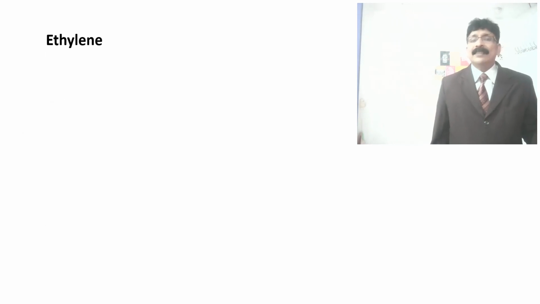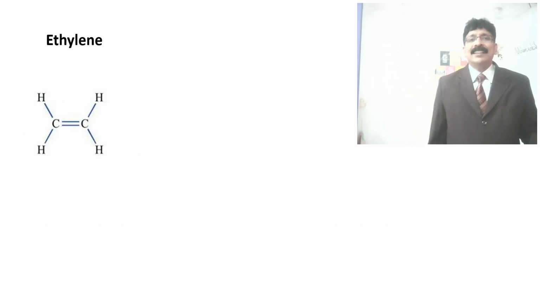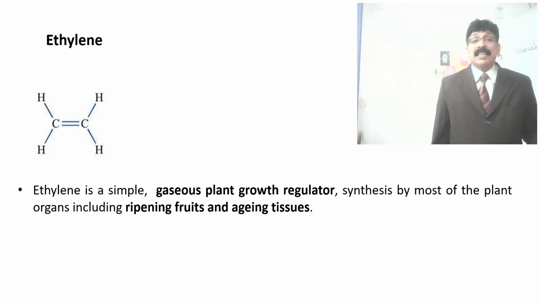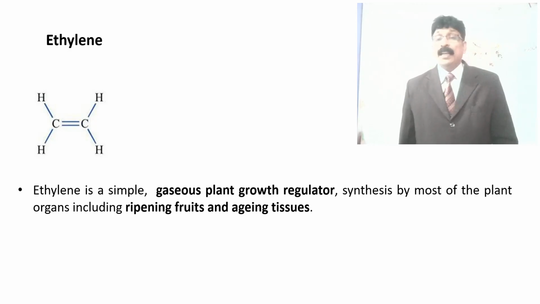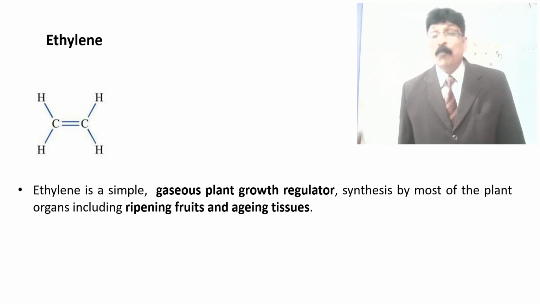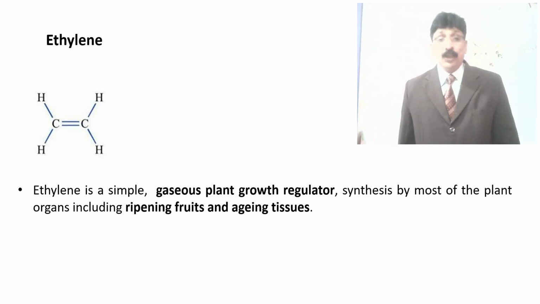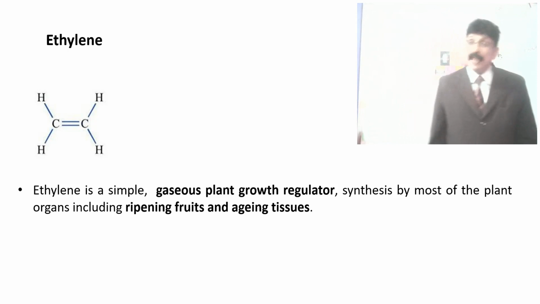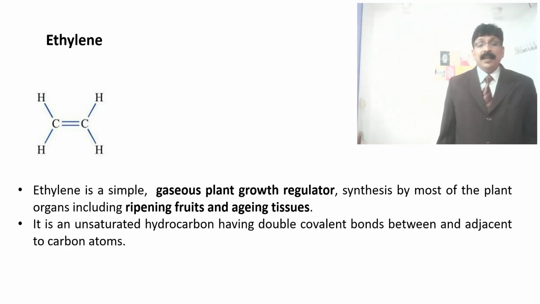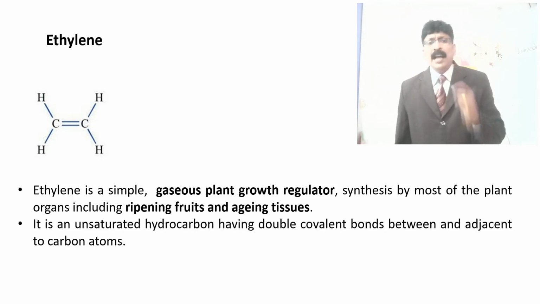Ethylene, CH2 double bond CH2, a gas. Ethylene is a simple gas plant growth regulator synthesized by most of the plant organs, including ripening fruits and aging tissues. It is an unsaturated hydrocarbon having a double covalent bond between the adjacent carbon atoms.